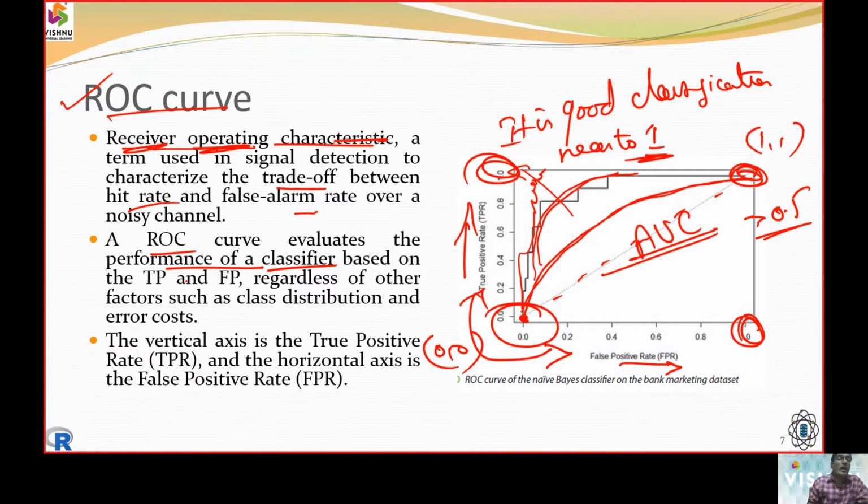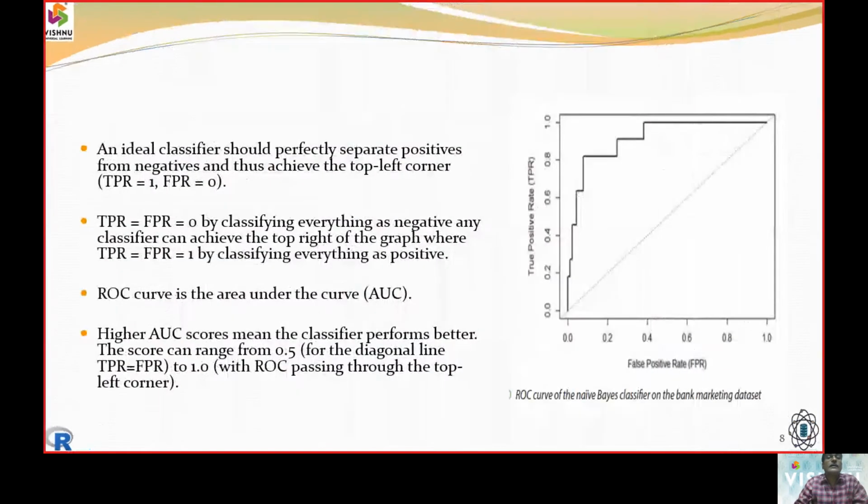So in general, the ROC curve will have the true positive rate, that is the recall, over the y-axis, and the false positive rate over the x-axis. Now, here we are going to bring a classifier.